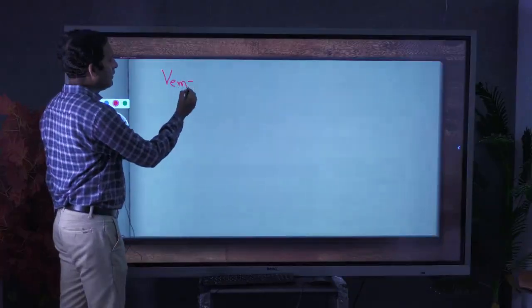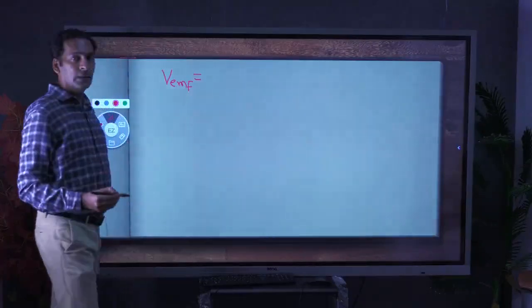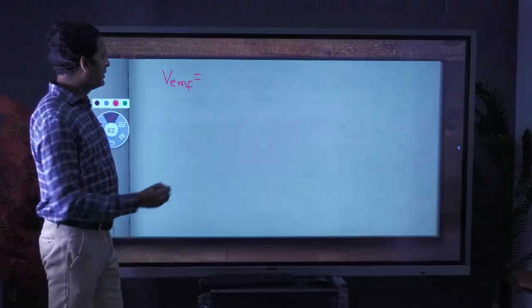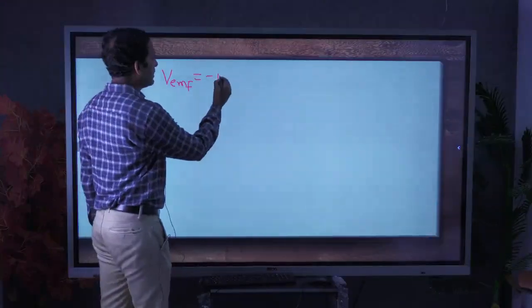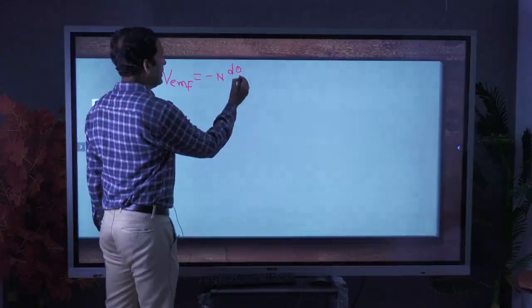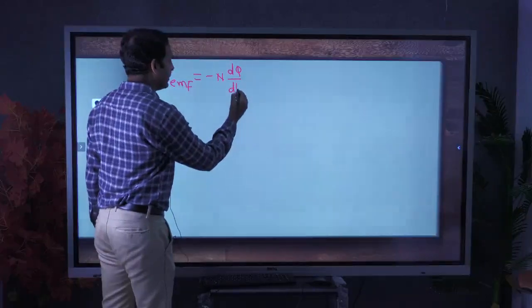We will call this equation V EMF, which is produced by the magnetic field, and it is given by minus N d phi by dt.